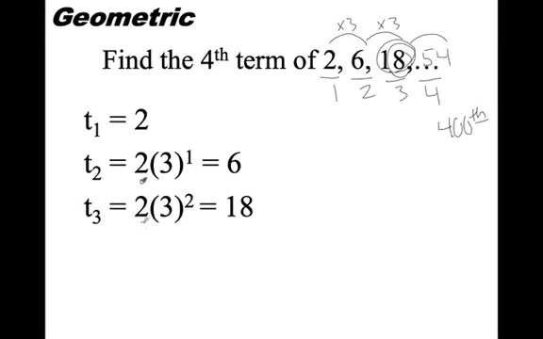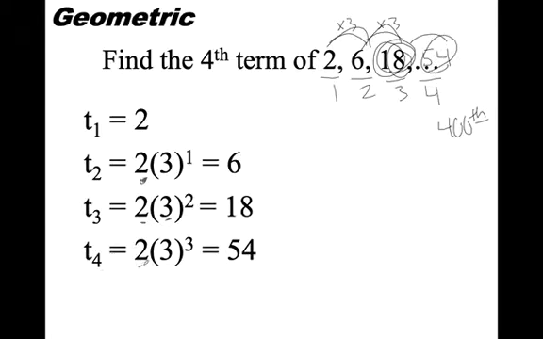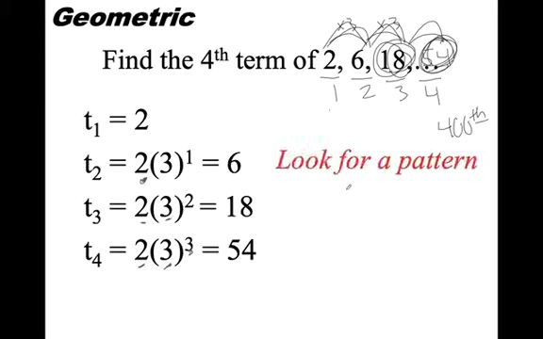We start at 2, and we multiply by 3 twice to get there. We look at term 4, which is 54, and we see, okay, we started at 2, and we multiplied by 3 three times, so 1, 2, 3 times to get us over to that 54.